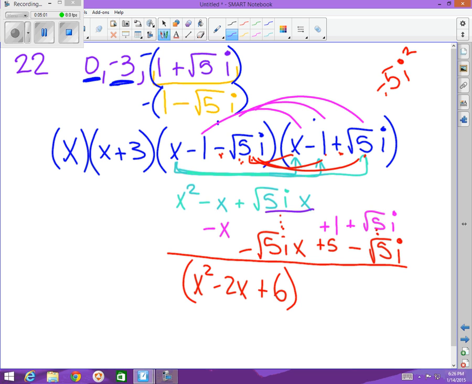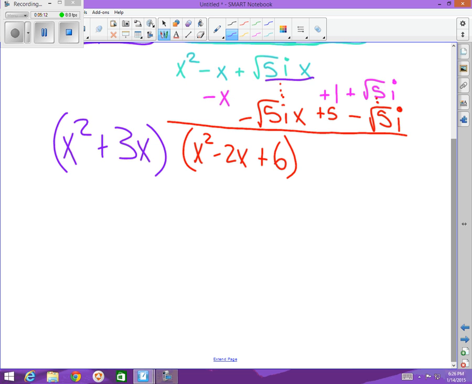Then, moving on to this part, if you want to multiply these two together next, you would get x squared plus 3x. And now you have those two things to multiply together. And so you do the same thing. Distribute this to all of that, and you would get x to the fourth minus 2x to the third plus 6x squared.